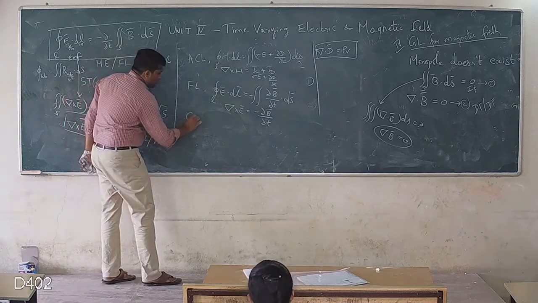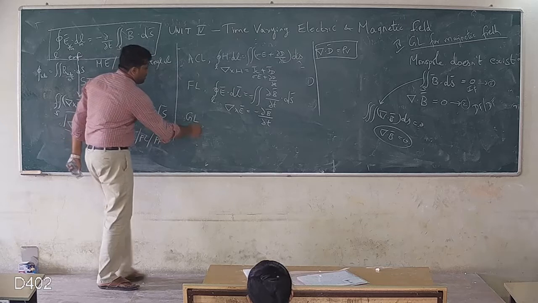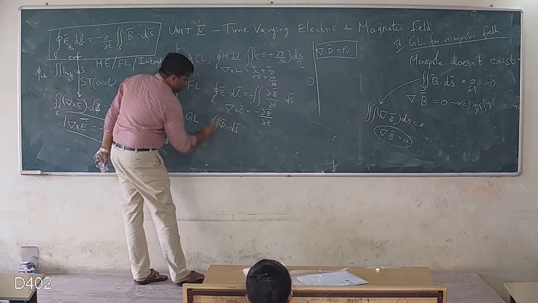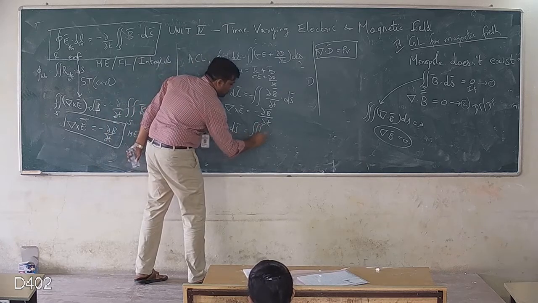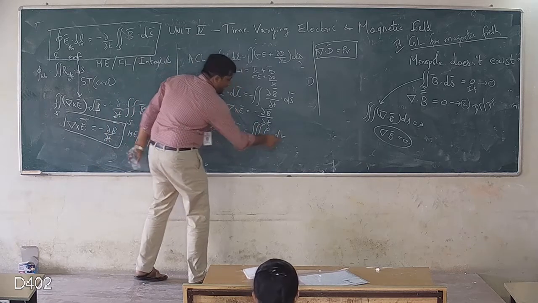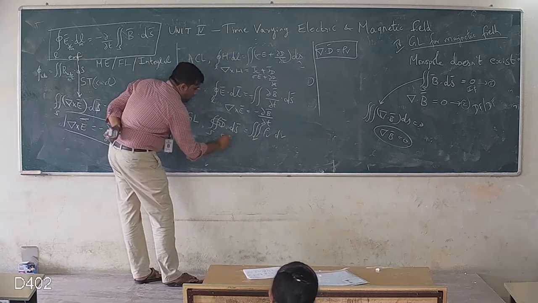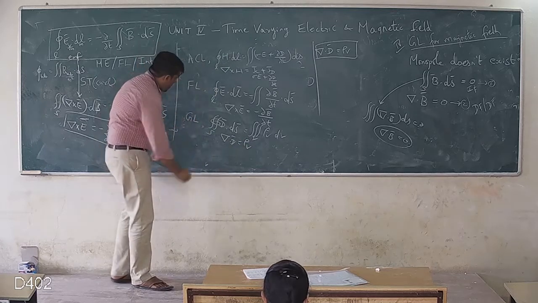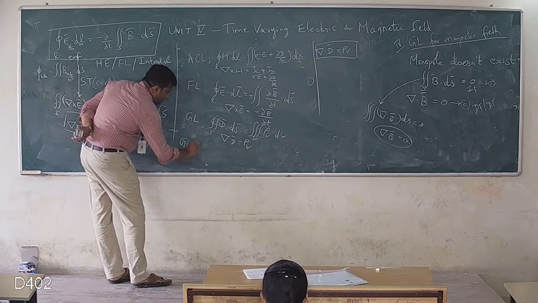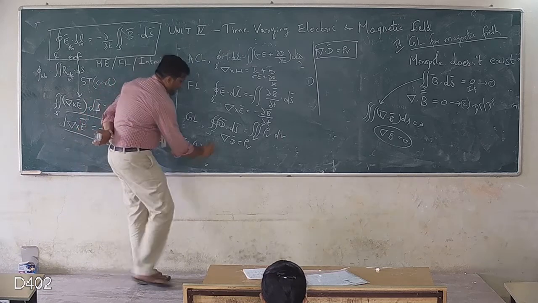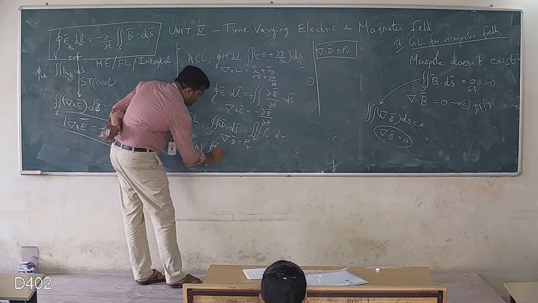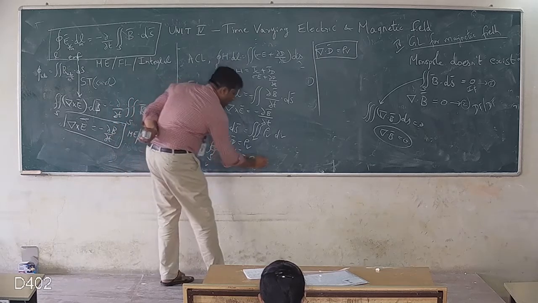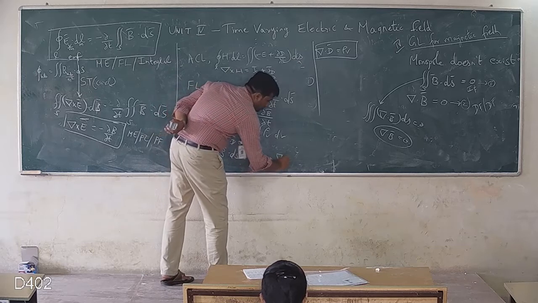And third law, using generalized Gauss law for electric field, which is double integral D dot dS vector is equal to triple integral rho v dv, and del dot D vector is equal to rho v, volume charge density. And using Gauss law for magnetic field, I can write double integral B dot dS vector is equal to 0, otherwise del dot B is equal to 0.